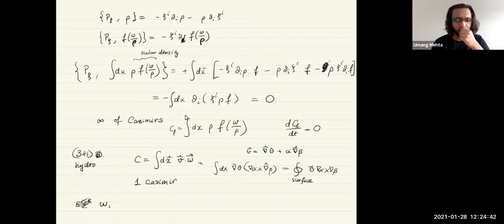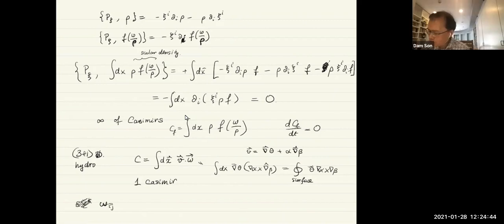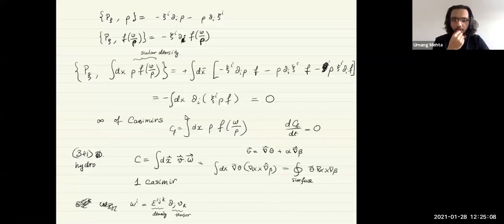So omega i, let's say omega i is epsilon ijk dj vk, and so that is a density, right? And this is a tensor. So omega i is a contravariant vector density.